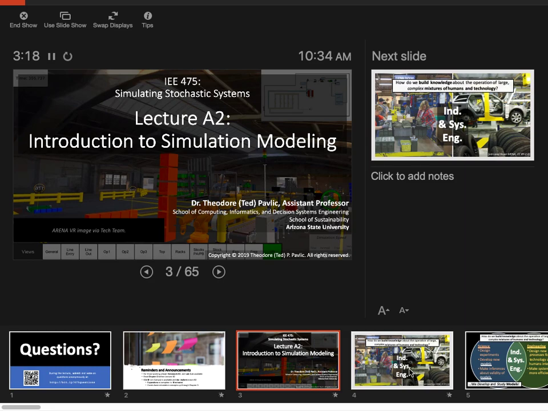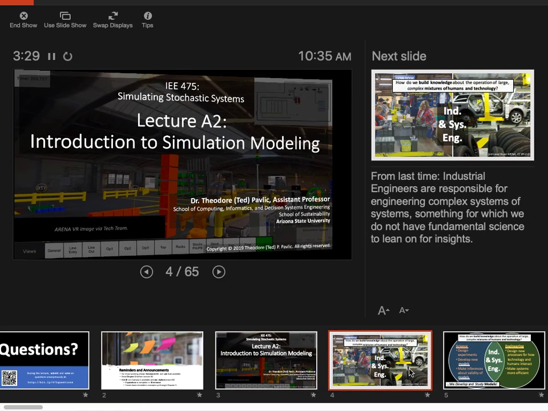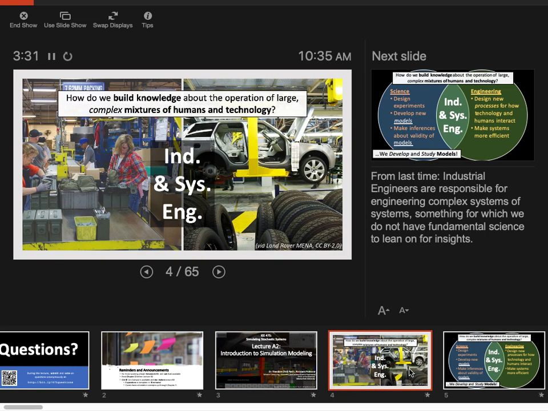And today, last lecture, we talked about modeling in general, and now we're going to start introducing simulation modeling, which is the major focus of this course. From last time, we talked about how industrial and systems engineers have to deal with engineering these complex mixtures of people and technology.